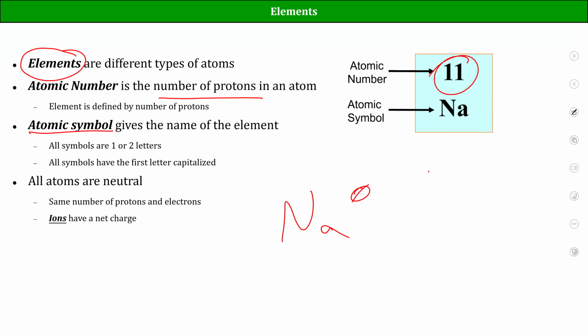So if it has 11 protons and it's neutral, it also has to have 11 electrons. We abbreviate electrons lowercase e with a negative charge. So just like protons with lowercase p with a positive charge, electrons is e with a negative charge.